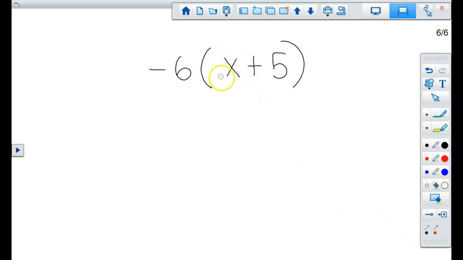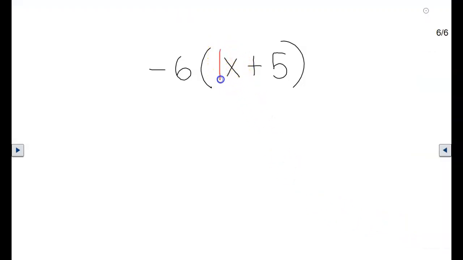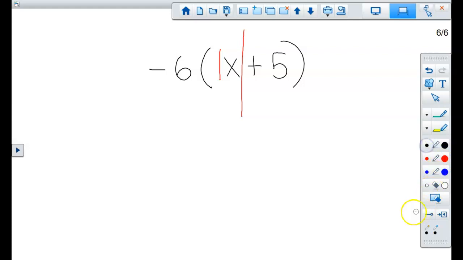So the first member of my group is 1x. I'm going to draw my line here after him. The second member of my group is what? Plus 5, positive 5. So my group members are 1x and positive 5. And notice again I'm saying positive 5 because of that plus sign right there. So we're going to multiply each member by -6.